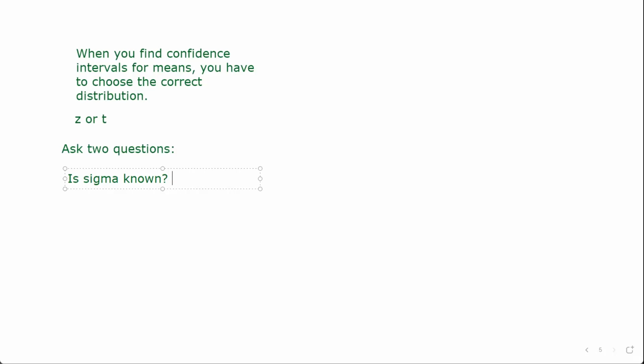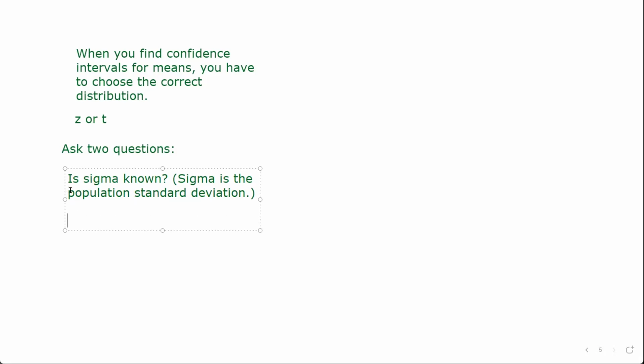Remember, this gets to be very important too. There's 2 standard deviations: a sample standard deviation and a population standard deviation. Sigma, that little circle with a line over it, is the population standard deviation. So is the population standard deviation known?